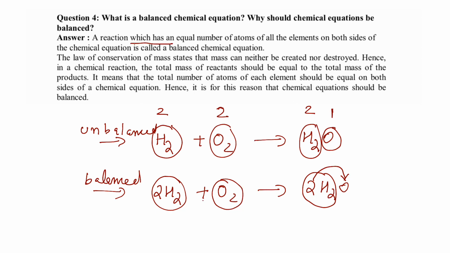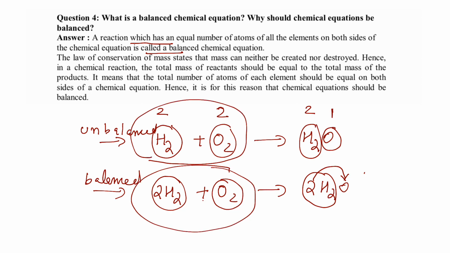You can learn the definition. Now, why should a chemical equation be balanced? Any process which takes place in the universe must follow the principle of conservation of mass, which means mass can neither be created nor destroyed, so the mass of the reactant side must be equal to the mass of the product side.